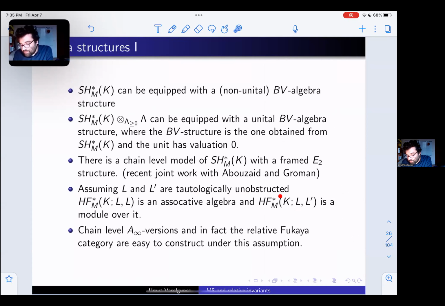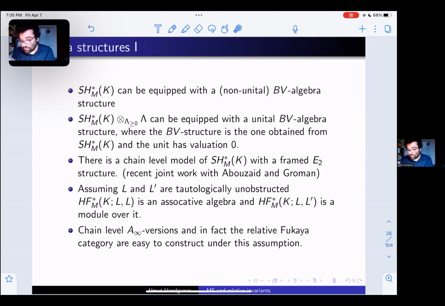And if you assume tautologically unobstructed, again, you can have chain level statements, like this is actually an A infinity algebra, this is an A infinity module over that A infinity algebra, and so on. And in fact, you can also just set up the Fukaya category, but under the assumption that the objects are tautologically unobstructed Lagrangians. Okay, so that's not that difficult.